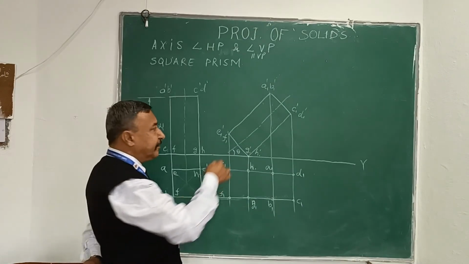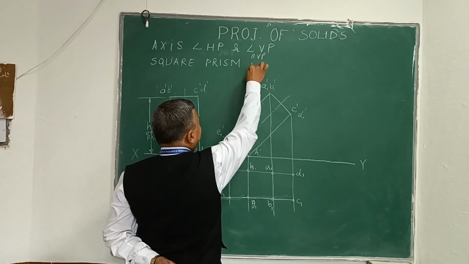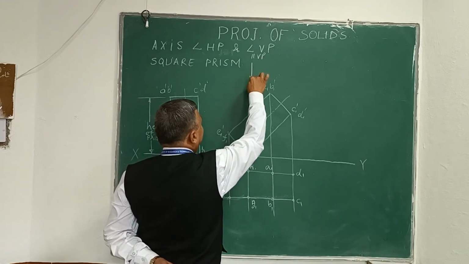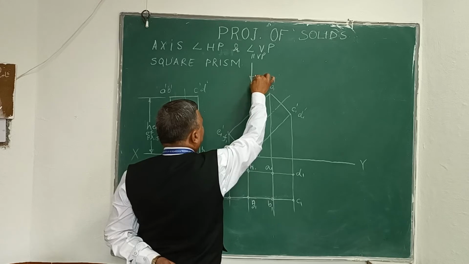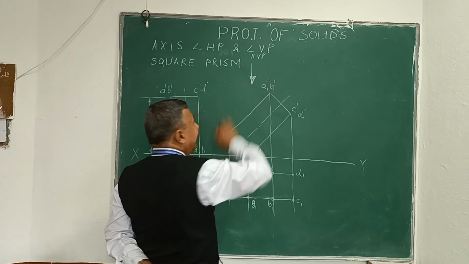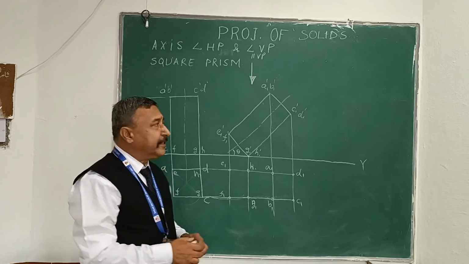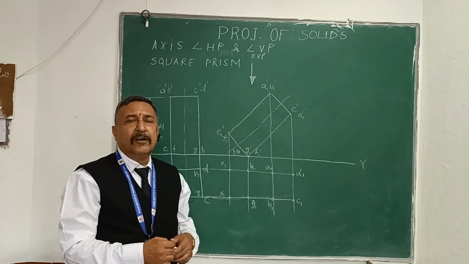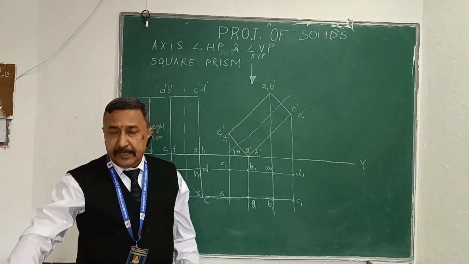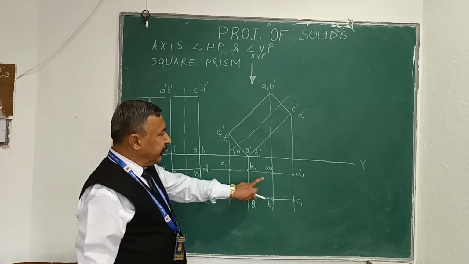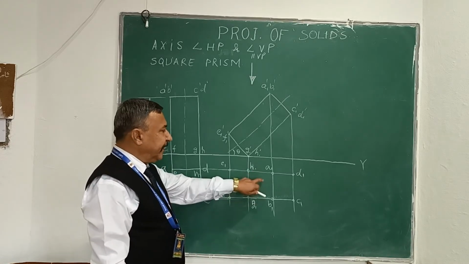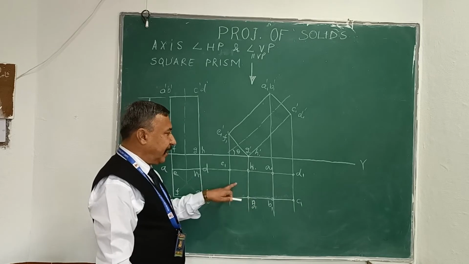Now taking intersection points, after this we have to draw an arrow from this direction. This arrow shows you the direction of observer or direction of projection. Now I am going to complete this view as we discussed in the last class.